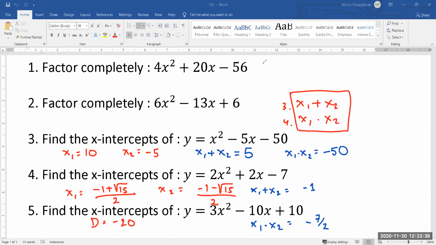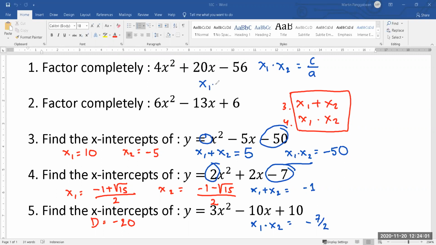That's why you have the formula. x1 times x2 actually is C over A. That's why it's -50 for number 3, and for number 4 it is C over A, -7/2.